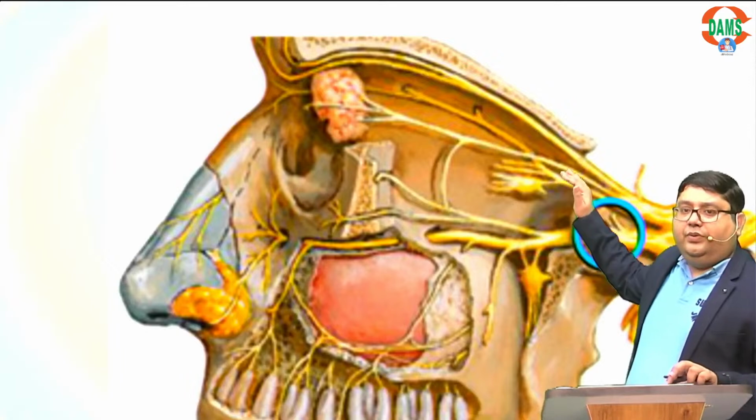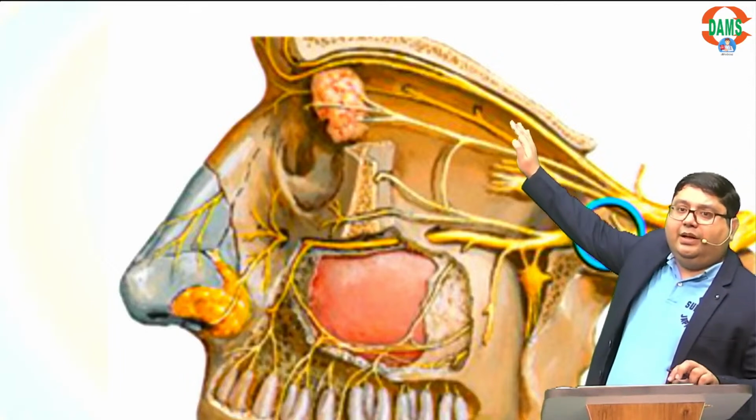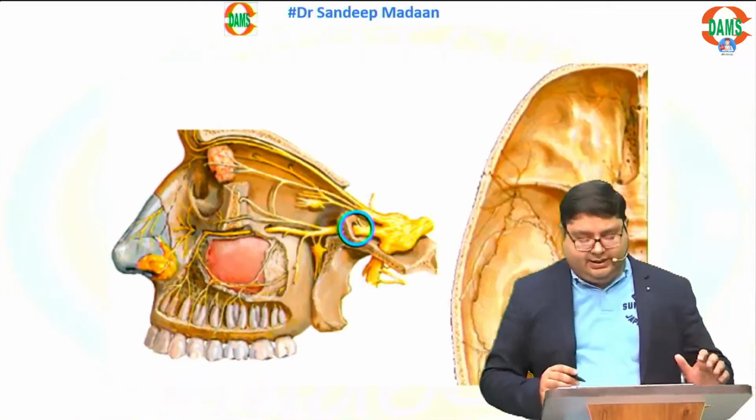And now if you follow this nerve going above and dividing into 2 divisions, supratrochlear and supraorbital, what should it be? This should be frontal nerve. So this is lacrimal nerve reaching the lacrimal gland, frontal nerve which is dividing into supratrochlear and supraorbital. Let me write this much part.